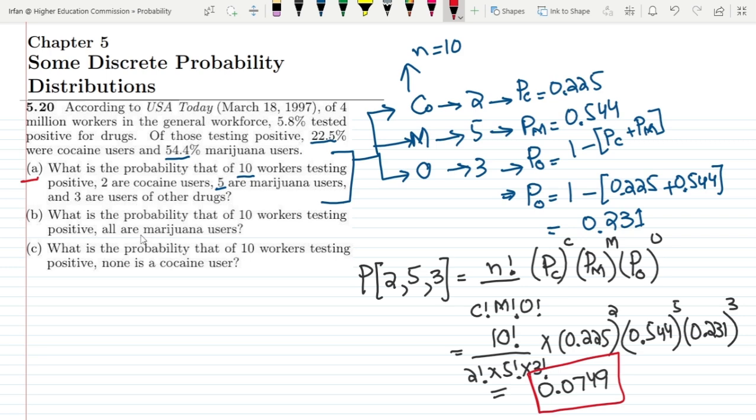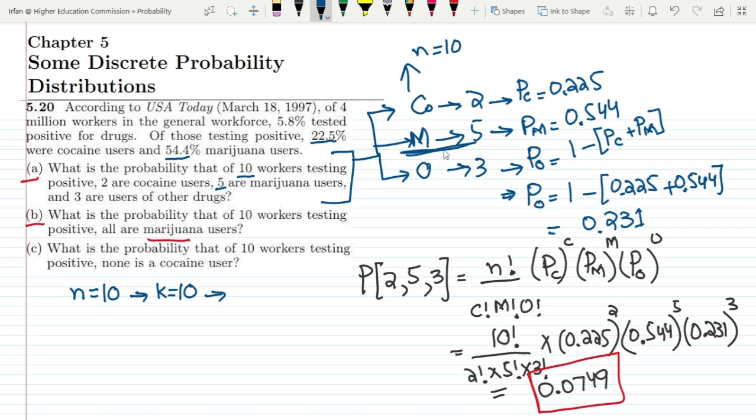Okay, here it is given. Now on the basis of the similar data, let us find the answer of part B of this question. What is the probability that of 10 workers testing positive, all are marijuana users? So we have the marijuana users, total number of positives are 10, and K, which is 10, are the marijuana users.